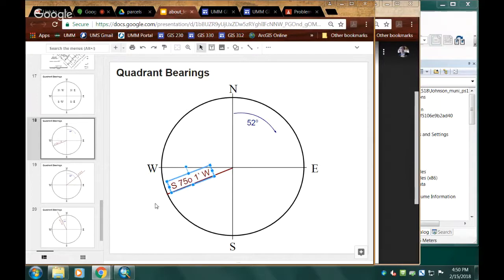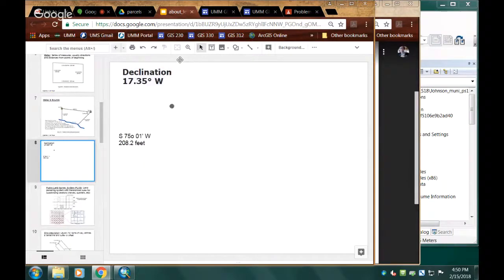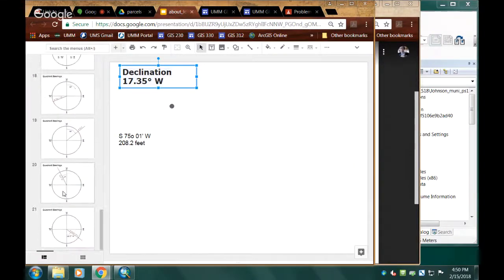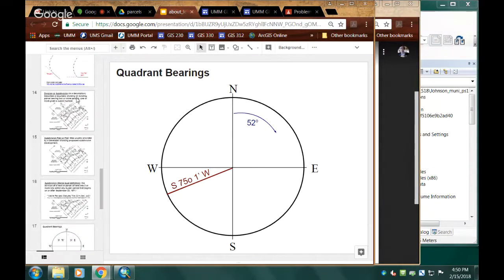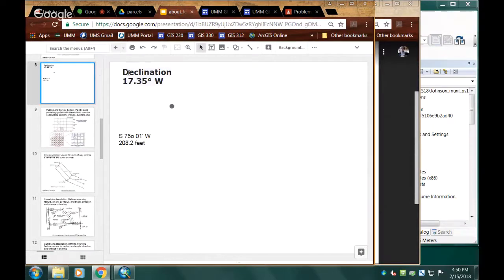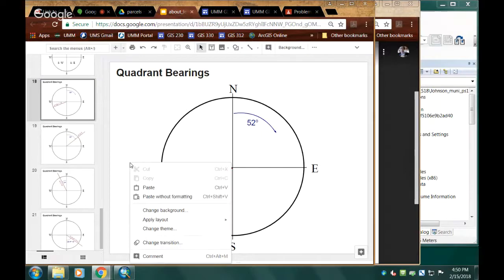But that's magnetic. So, okay, think through this. If we've got a declination, this is our declination, how do we need to change this? Paste.